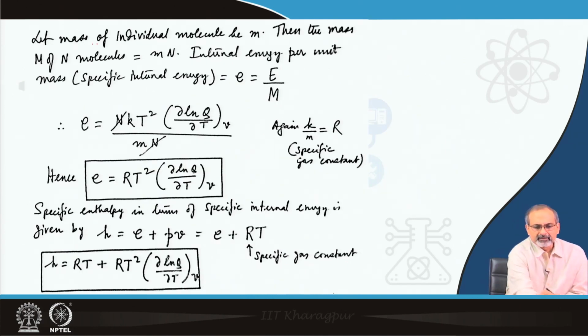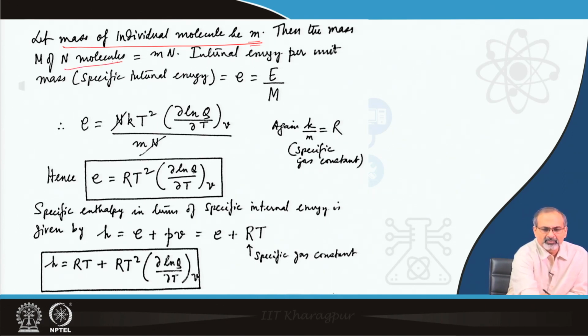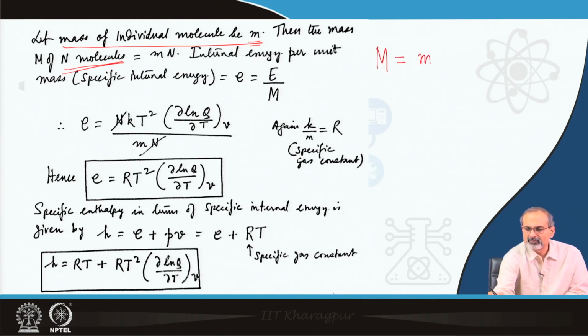Again, if you go in the direction of the mass of individual molecules, then those values are represented by small m, and then the mass of N number of molecules would be given by capital M, which is the small m times the number of molecules.